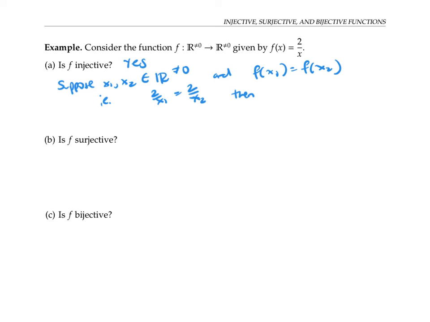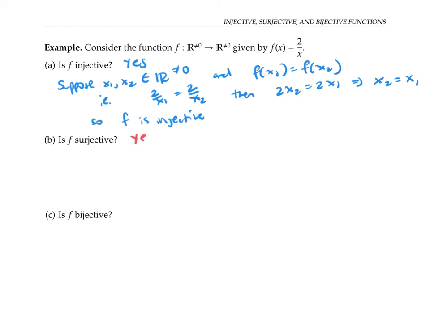By cross-multiplying, we can see that 2x2 is equal to 2x1, so that means that x2 is equal to x1. Therefore, the function is injective, because whenever we have two numbers in the domain whose image is the same, then those two numbers actually have to be the same themselves. This is one of the definitions of injectivity.